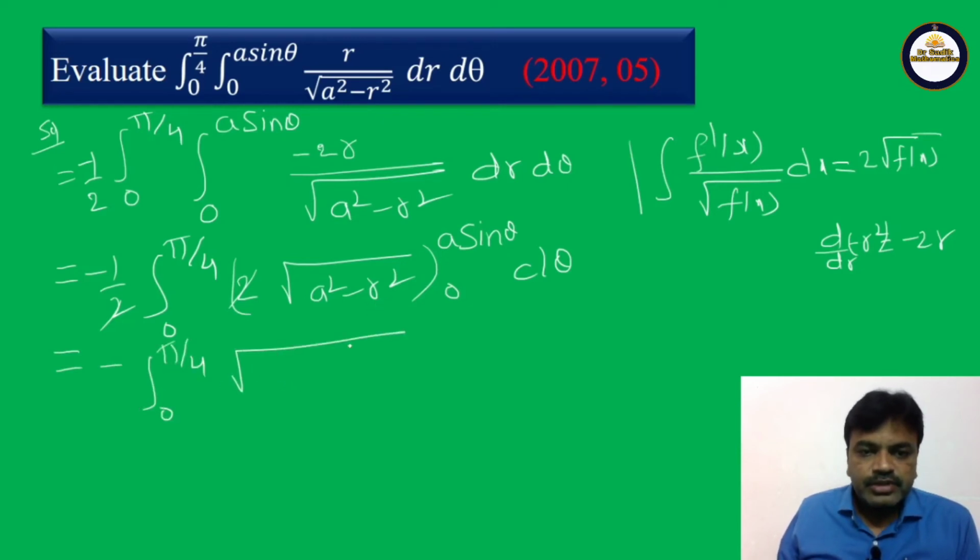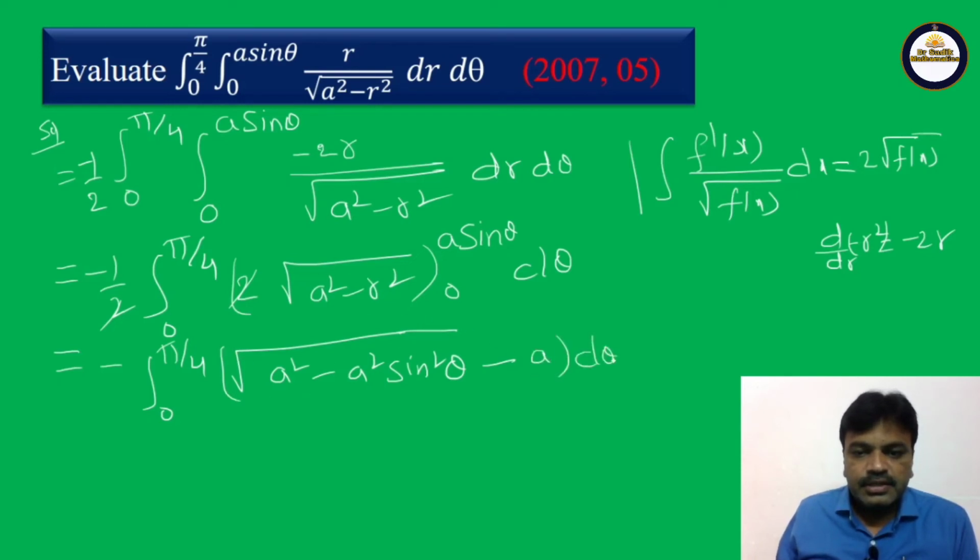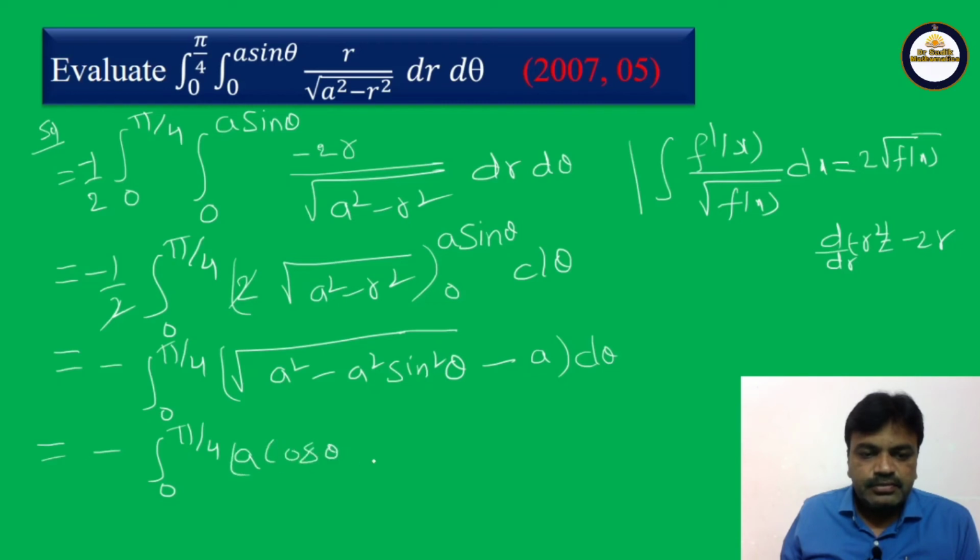Substitute the upper limit, friends: a square minus r square means a square sin square theta, minus substitute the lower limit 0, square root of a square means we get a, into d theta. That is equal to minus integral 0 to pi by 4, taking a square common, square root of a square means we get a, and 1 minus sin square theta means cos square theta, so we get cos theta, minus a d theta.